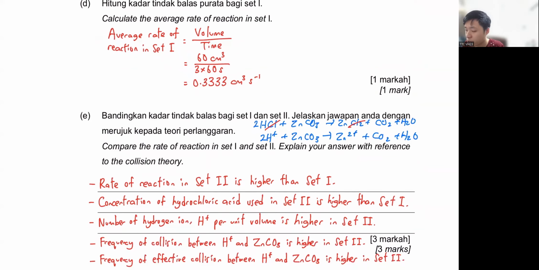You write frequency of collision, frequency of effective collision. I think it's safer, because sometimes when you don't know how to determine the marks, you better write everything. Actually this is for 3 marks. This one is correct: this one 1 mark, 1 mark, 1 mark, and I think this one 1 mark.